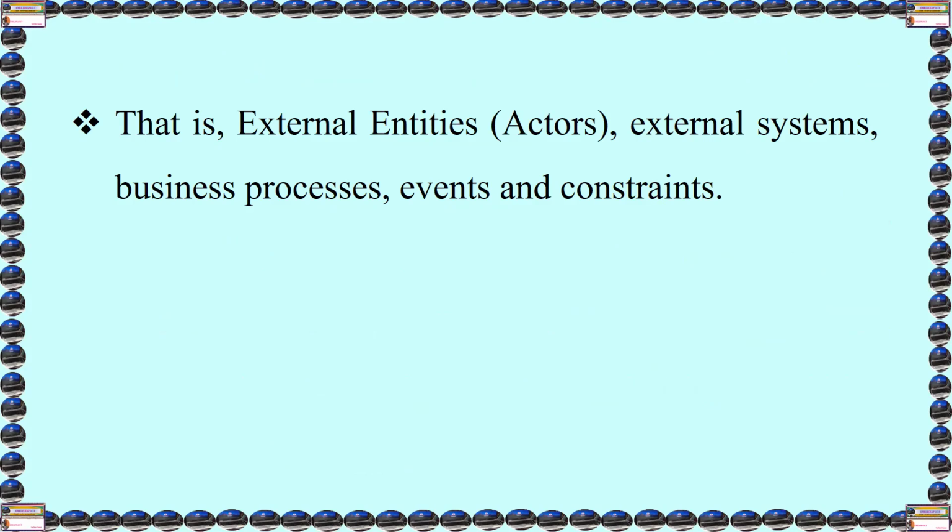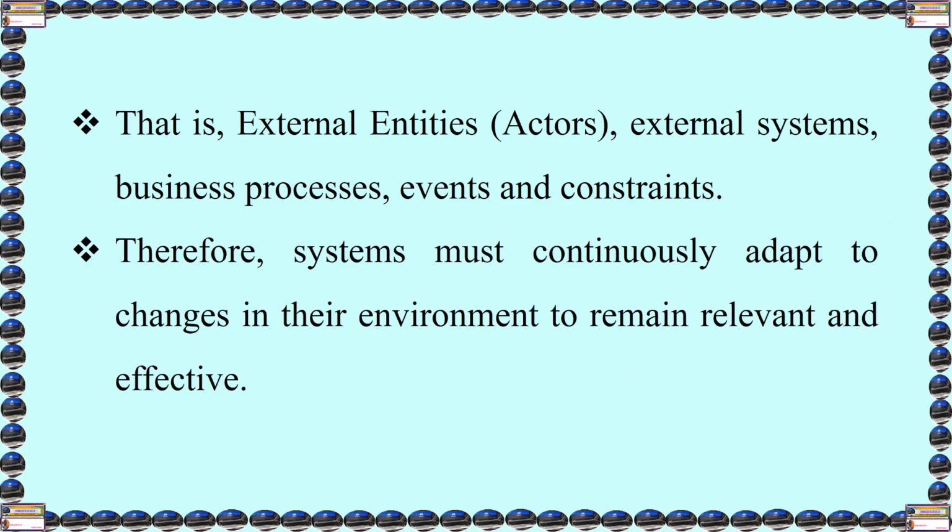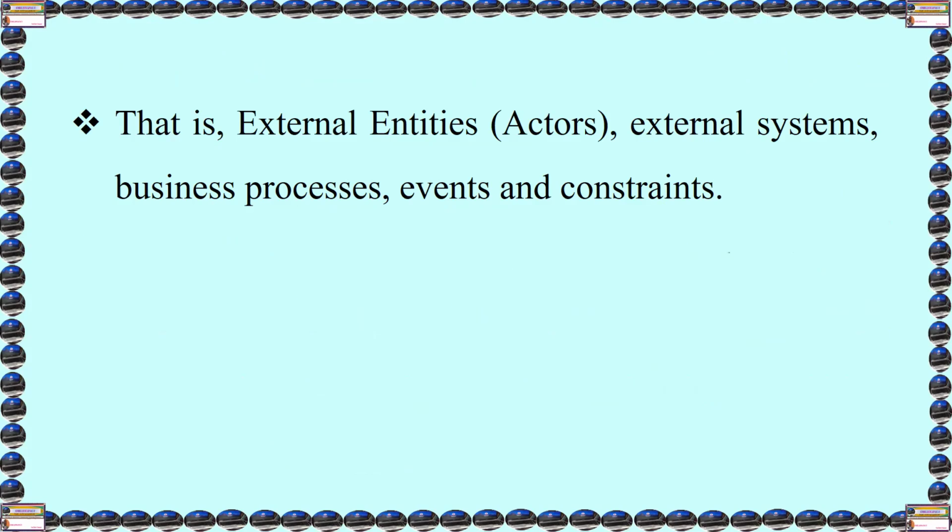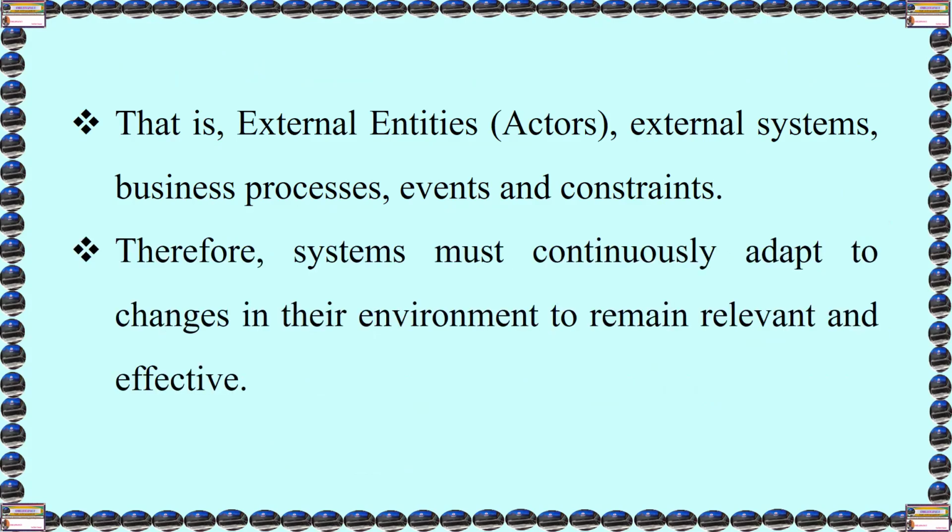So in other words, these form the external environment, the external entities or actors, external systems, business processes, events, and constraints. Therefore, systems must continuously adapt to changes in the environment to remain relevant and effective.